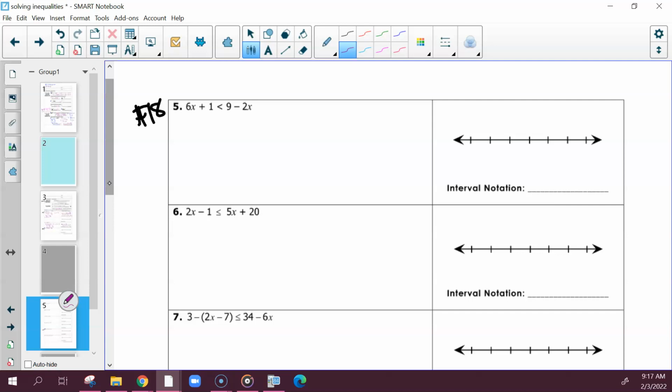We would subtract 1 on both sides. And then we would need to add 2x on both sides to get 8x is less than 8, and divide both sides by 8.